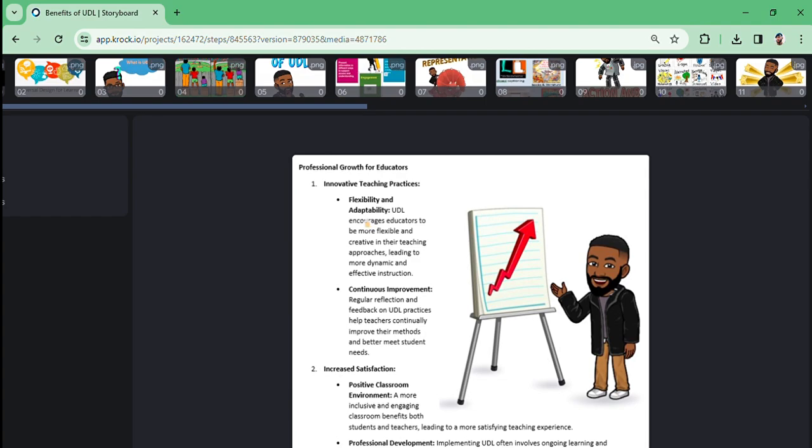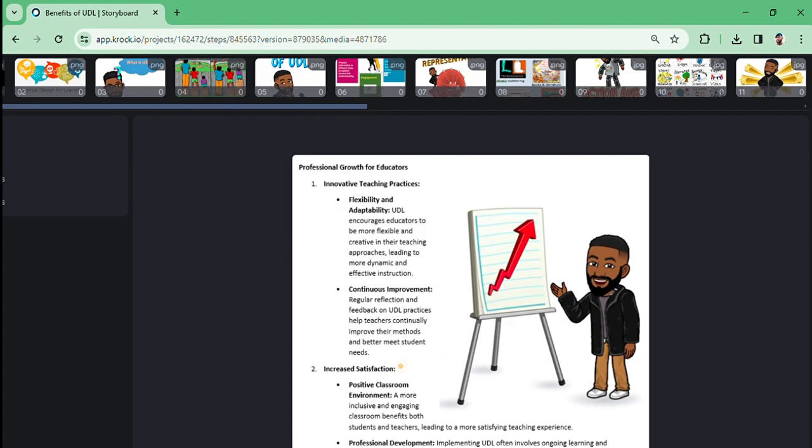UDL encourages educators to be more flexible and creative in their teaching approach, leading to more dynamic and effective instruction. It allows for continuous improvement, so regular reflection and feedback on UDL practices helps teachers continually improve their methods and better meet students' needs.